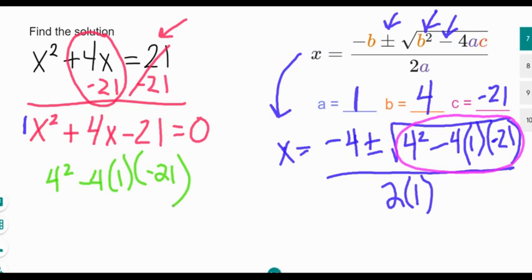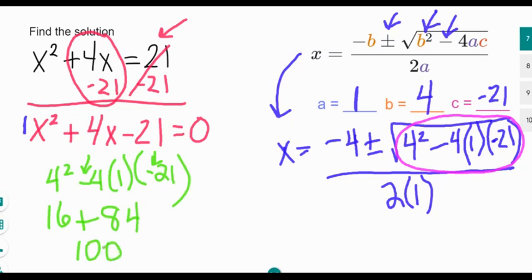And let's see what that is. 4 squared is 16. We have a minus and then another minus right here, and they're multiplying, so we're going to get a plus. So then I have 4 times 1 times 21. When you multiply that, you get 84. So then I have 16 plus 84, and that gives me 100.